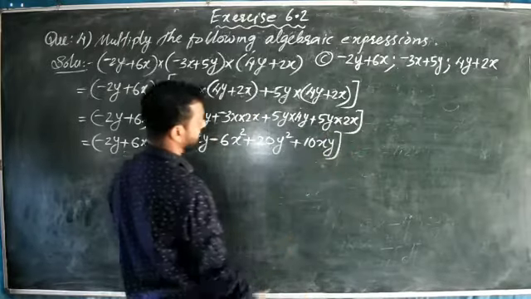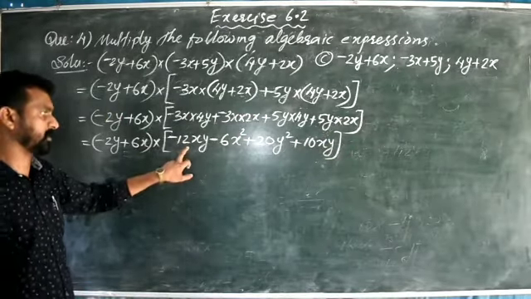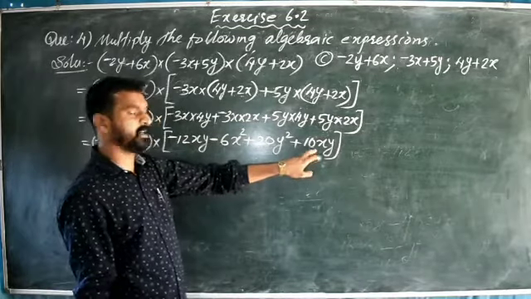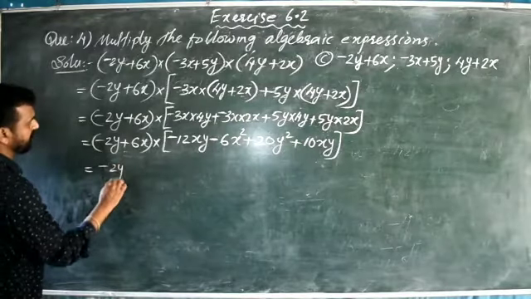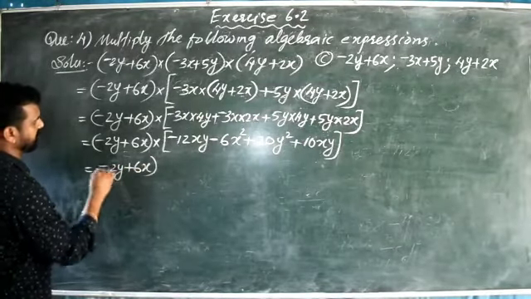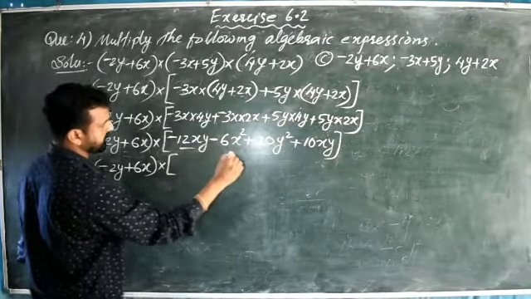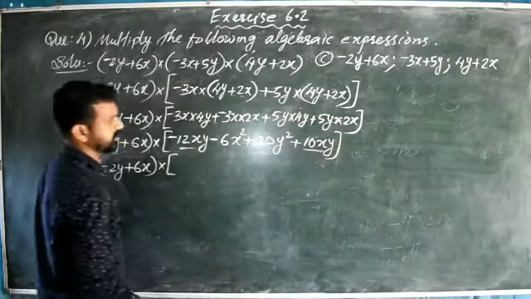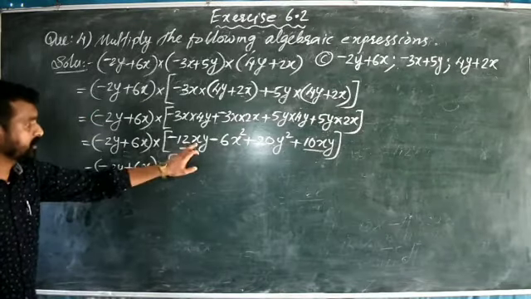Now you see, is any like term there? Yes, minus 12xy plus 10xy is there. That we have to add. So here, minus 2y plus 6x we will write as it is, into minus 12xy plus 10xy. What is the answer?